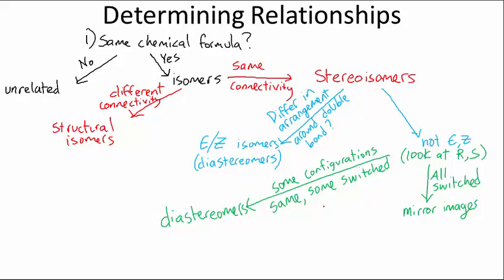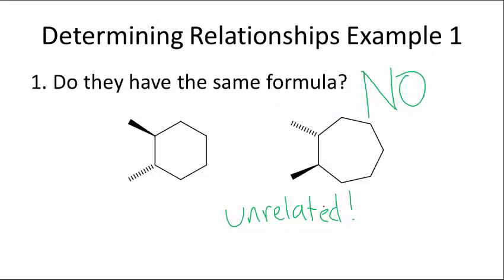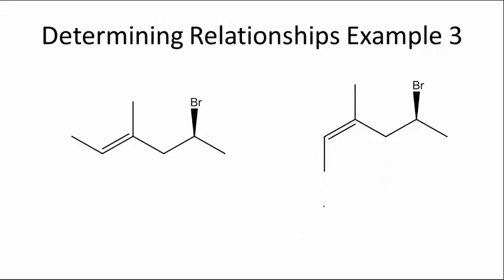Okay. Now, what if we get 2 molecules that we decide have the same chemical formula and the same connectivity? Like these two. I see these two. Again, I'm going to number to help myself make sure I have the same atoms. So 1, 2, 3, 4, 5, 6. There's a methyl group coming off carbon 3. There's a bromine off carbon 5.